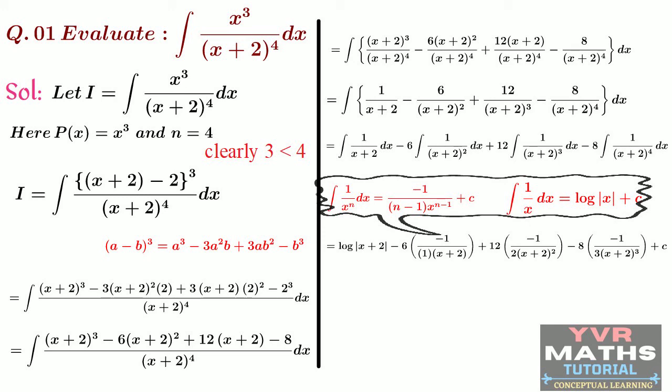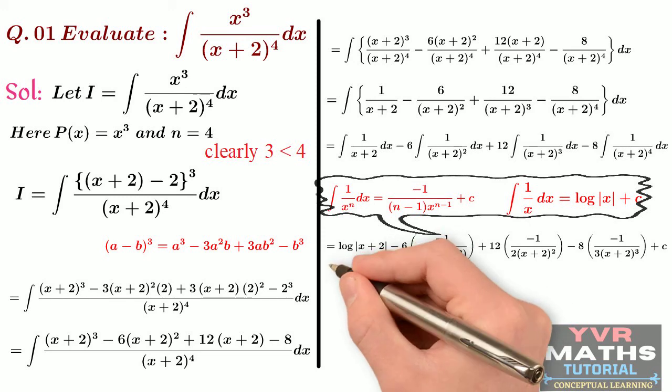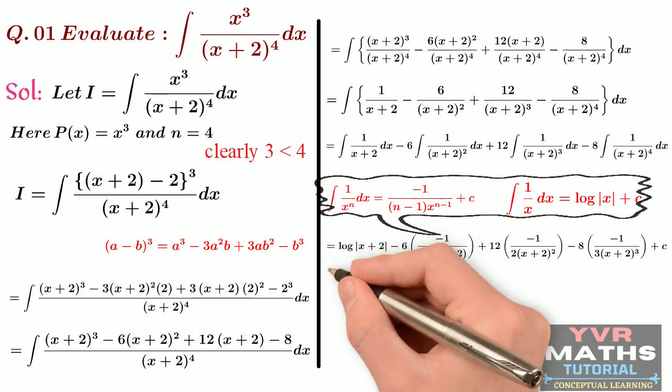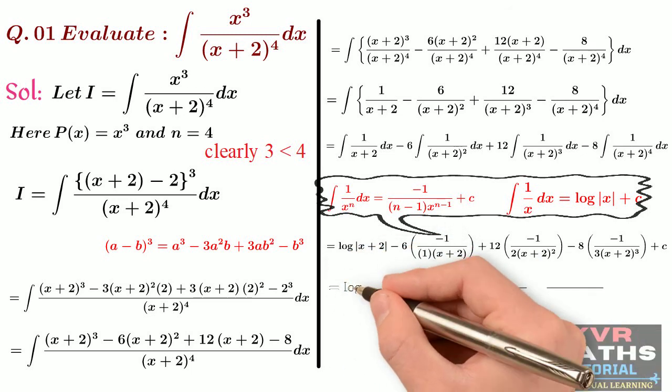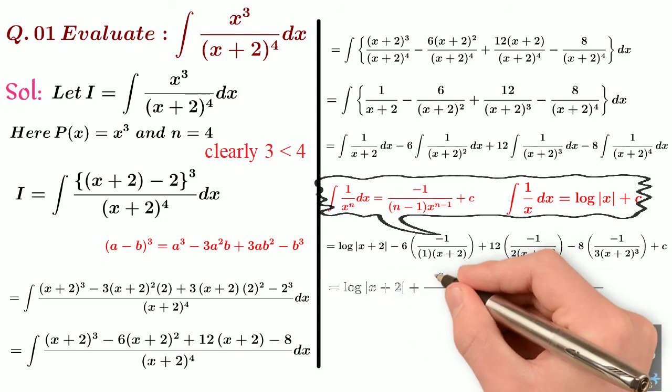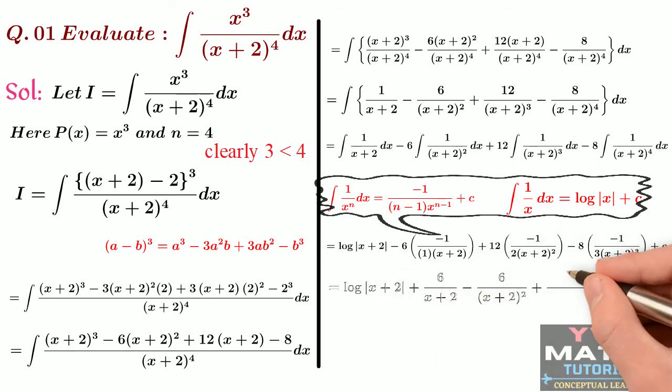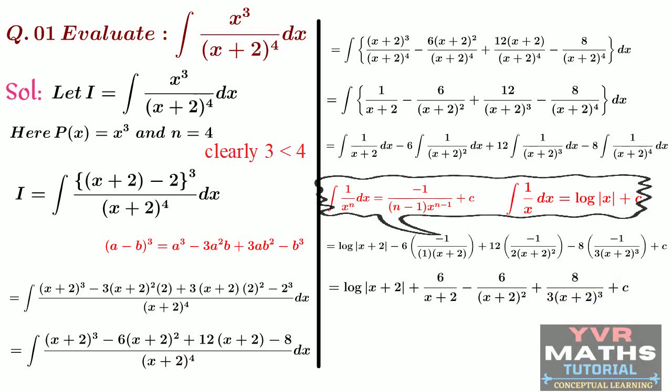After simplifying, the new step is log modulus of x plus 2, minus into minus plus 6 by x plus 2, plus into minus minus 6 by x plus 2 whole square, and the last term minus into minus plus 8 by 3 into x plus 2 whole cube plus c. So this is the final answer for the given integral.